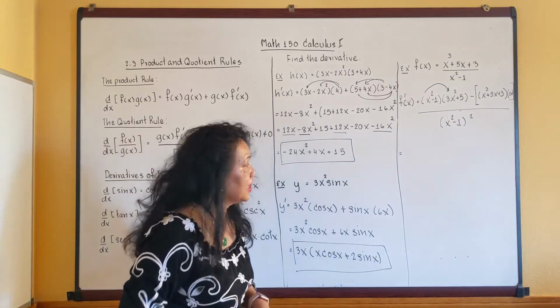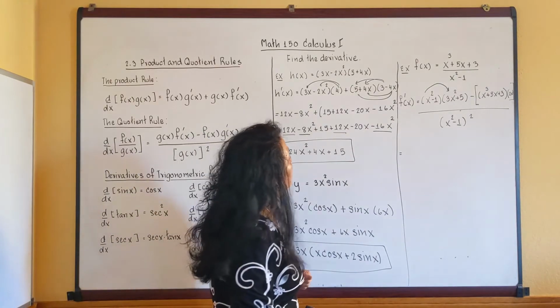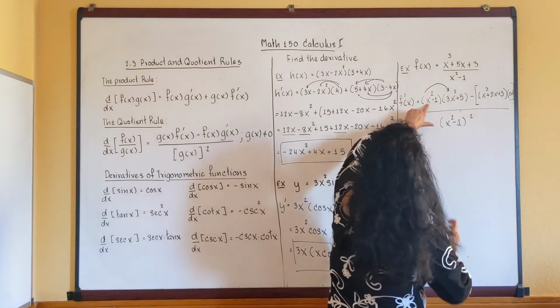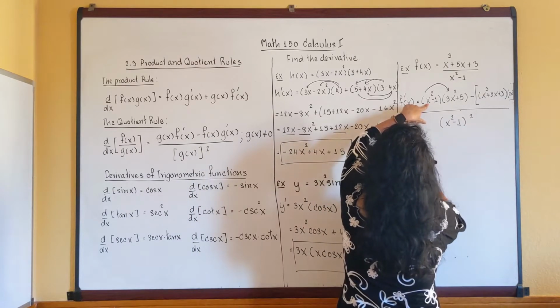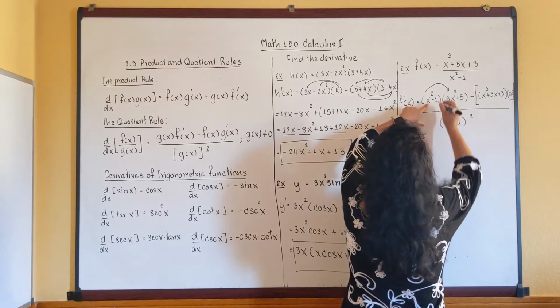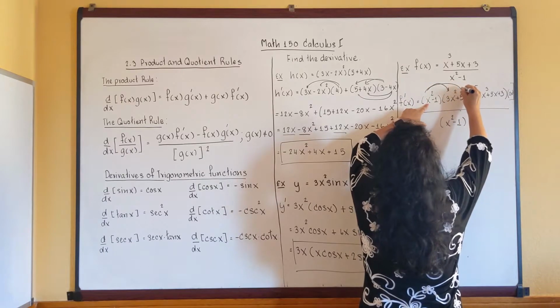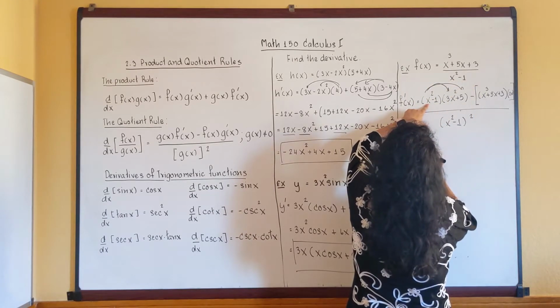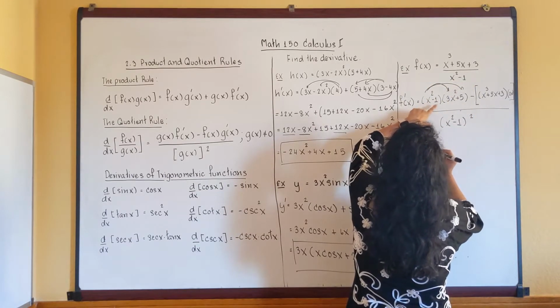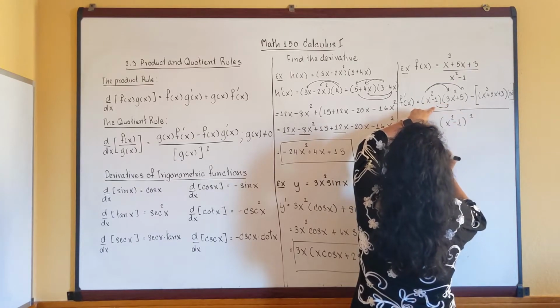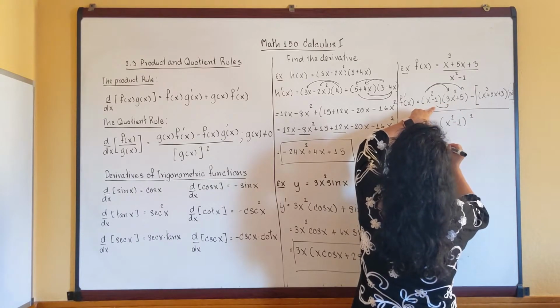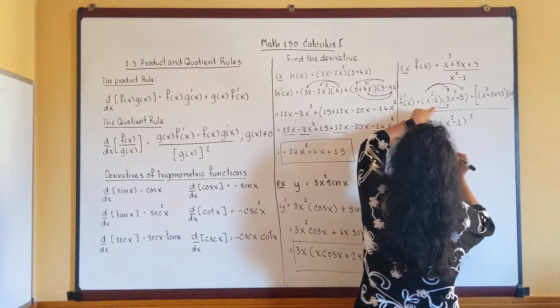Now I'm going to distribute the numerator, so that is 3x to the 4th plus 5x squared minus 3x squared minus 5.